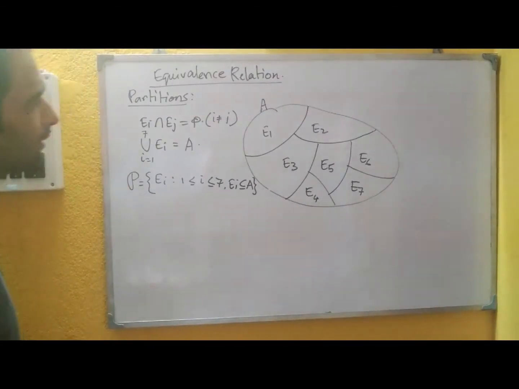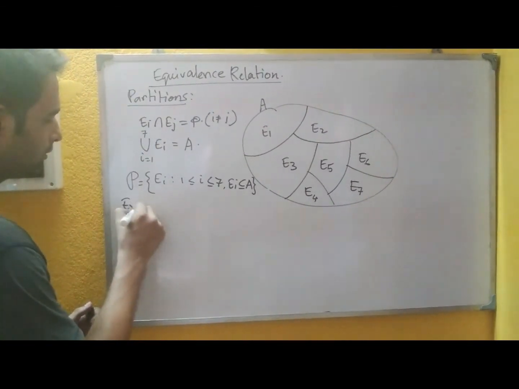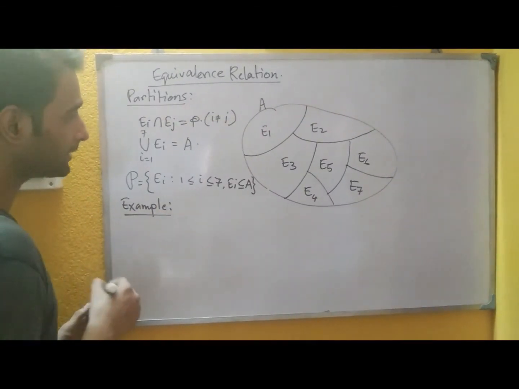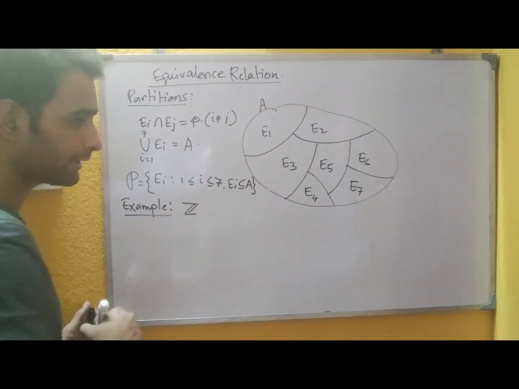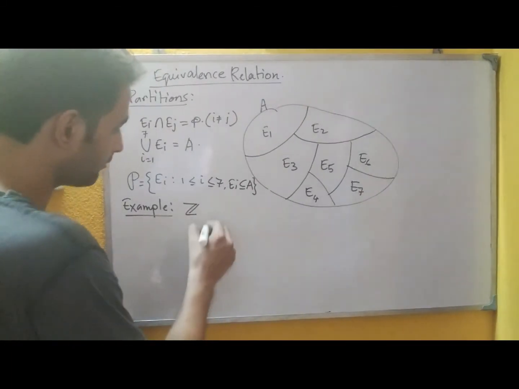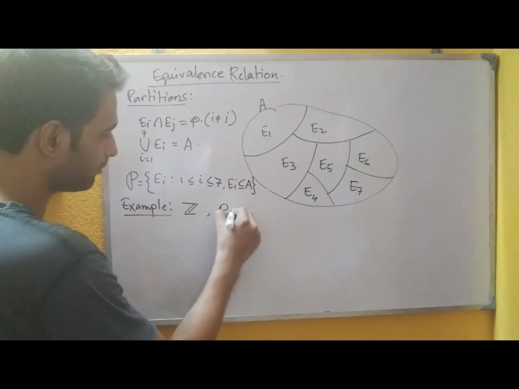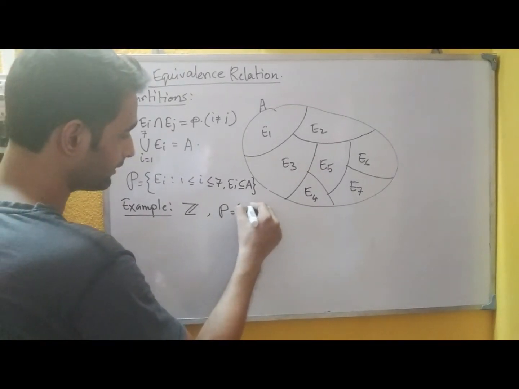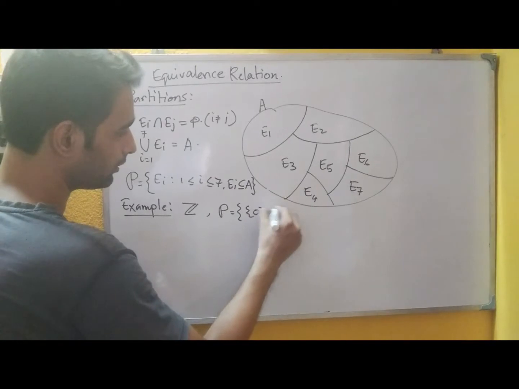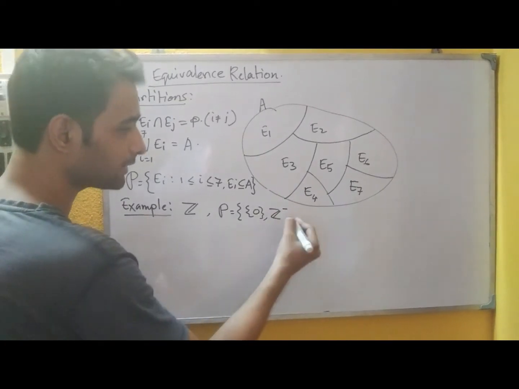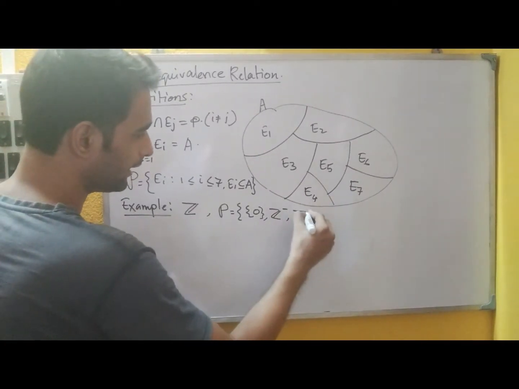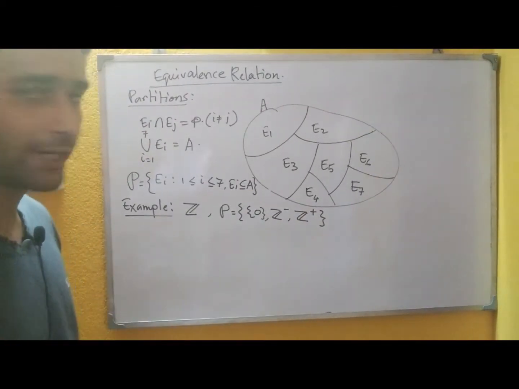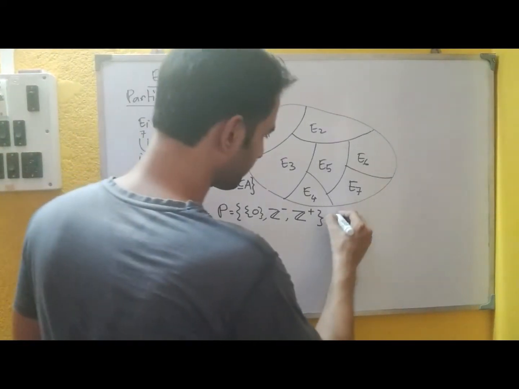Next let us see some partitions on some specified sets. We take some examples. First of all, we take the set Z and we take the partition P as this. If we take the singleton set {0}, Z minus means the set of all negative integers and Z plus means the set of all positive integers, then this will provide a partition on the set of integers.